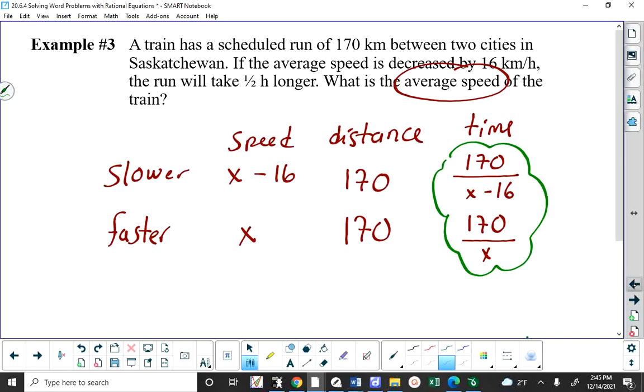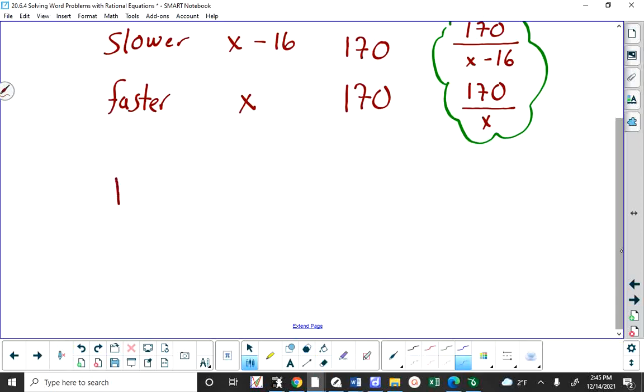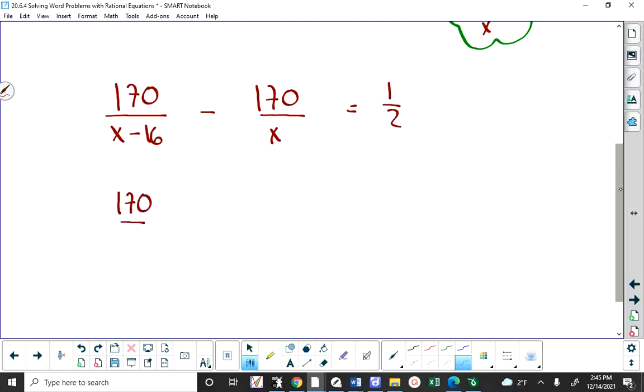The question is, and this is something that will really confound some students, which of these two times is bigger? Because the difference between them is a half, which means it's either 170 over x minus 16 minus 170 over x equals a half, or it's 170 over x minus 170 over x minus 16 equals a half.